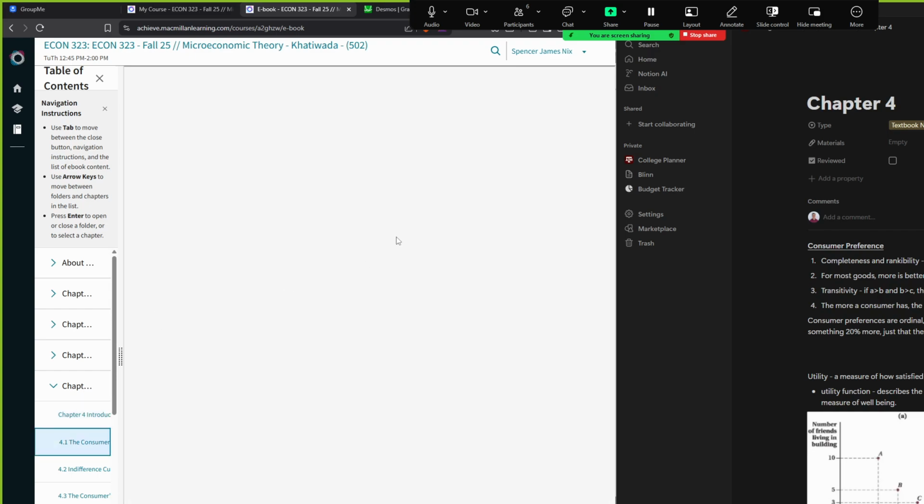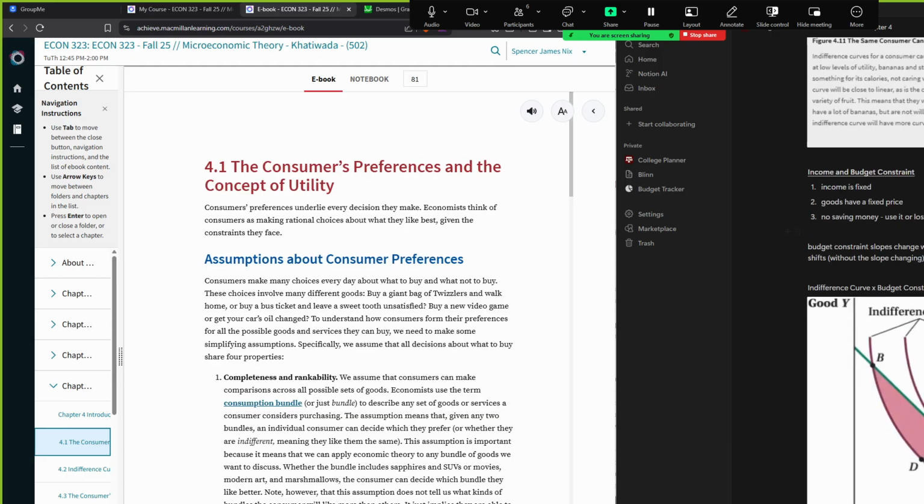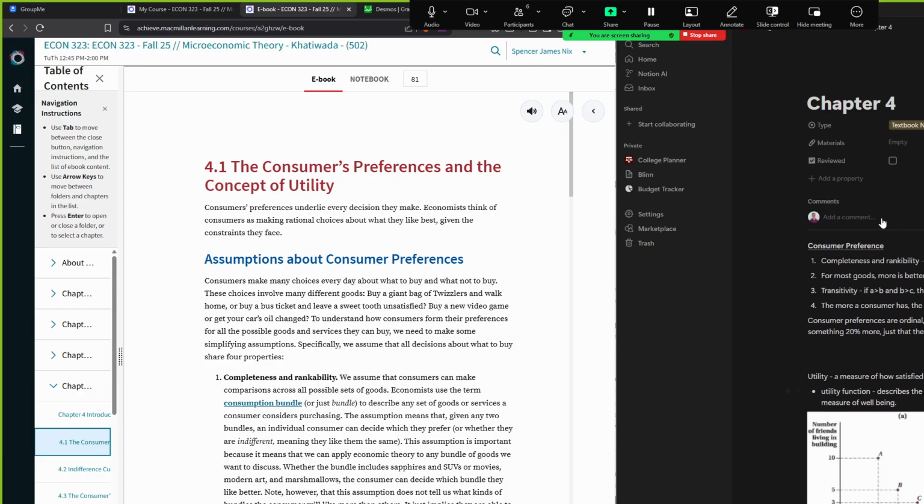So the first thing I took notes on was 4.1. Basically, there's a couple of times where we have to make assumptions about the consumer. So these four will come up a couple of times. The first is their preference, what the consumer wants.